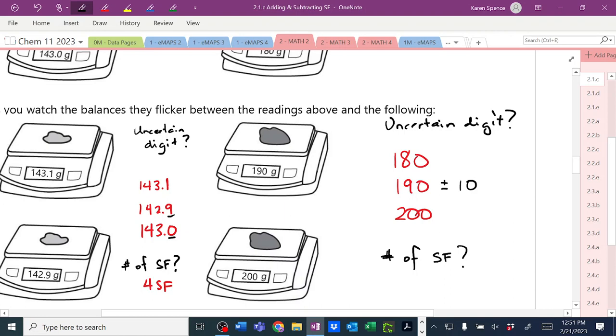It either goes up by 10 or it goes down by 10. So our uncertain digit is the tens position. And that means how many sig figs? 2 sig figs, yes?